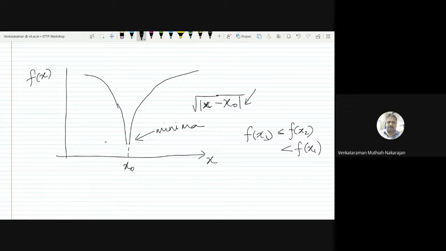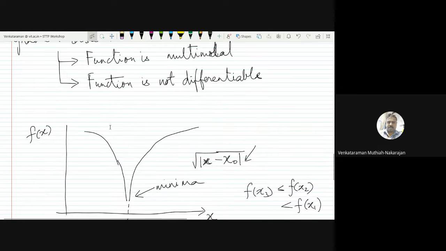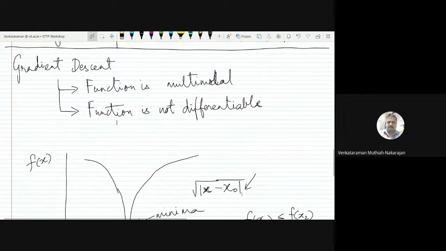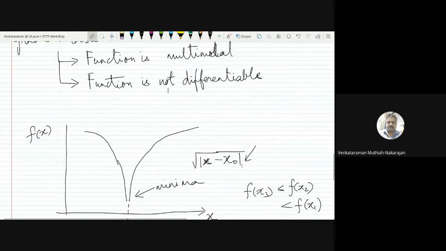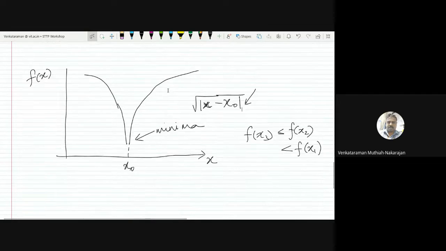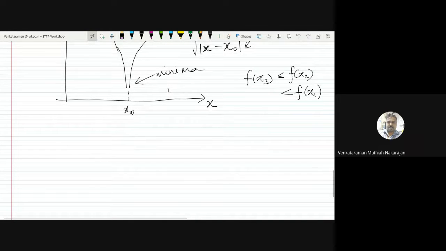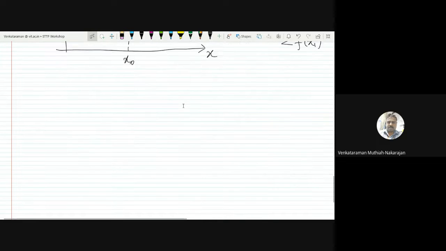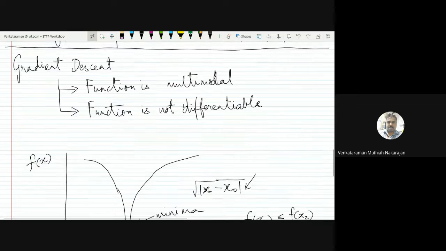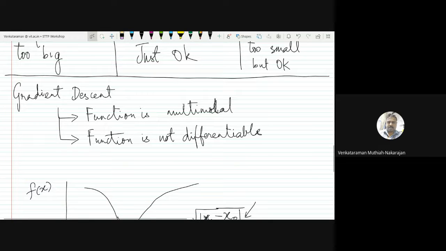So there are many problems with these things. So we need to look at an algorithm which can handle these types of functions, the functions which are multimodal and the functions that are non-differentiable. Okay. So we need a better algorithm. So I would like to display some functions.